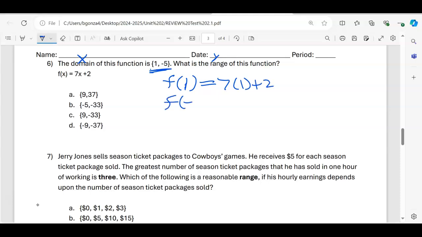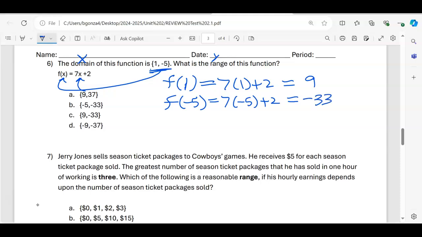Then f of negative 5 is 7 times negative 5 plus 2. So this time you are plugging in this stuff into x. Cool. So what's 7 times 1 plus 2? 7 plus 2 is 9. 7 times negative 5 is negative 35 plus 2 is negative 33.